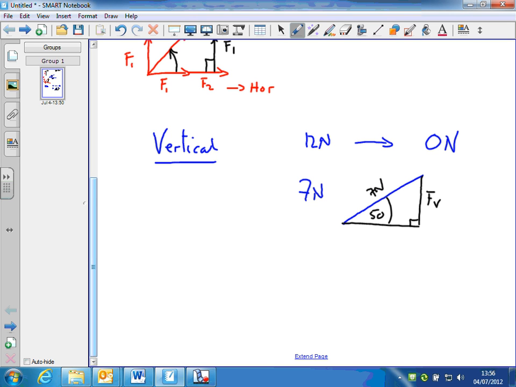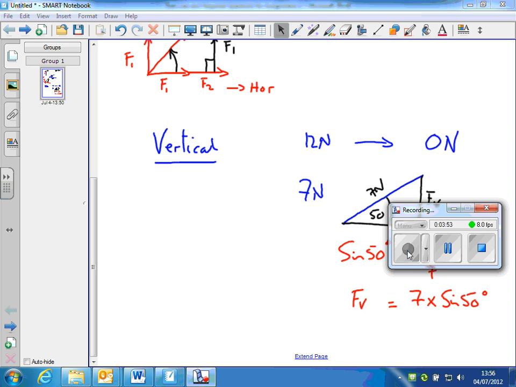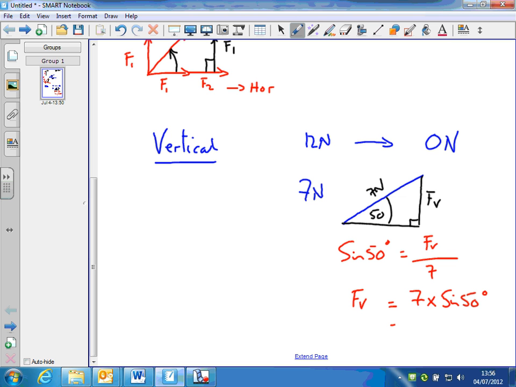The vertical component of the force is the opposite side to this angle, and the 7 newtons is the hypotenuse. So we're using sine of 50 degrees equals the opposite, which is the vertical component of the force, divided by 7. So rearranging, the vertical component equals 7 times the sine of 50 degrees, which equals 5.36.